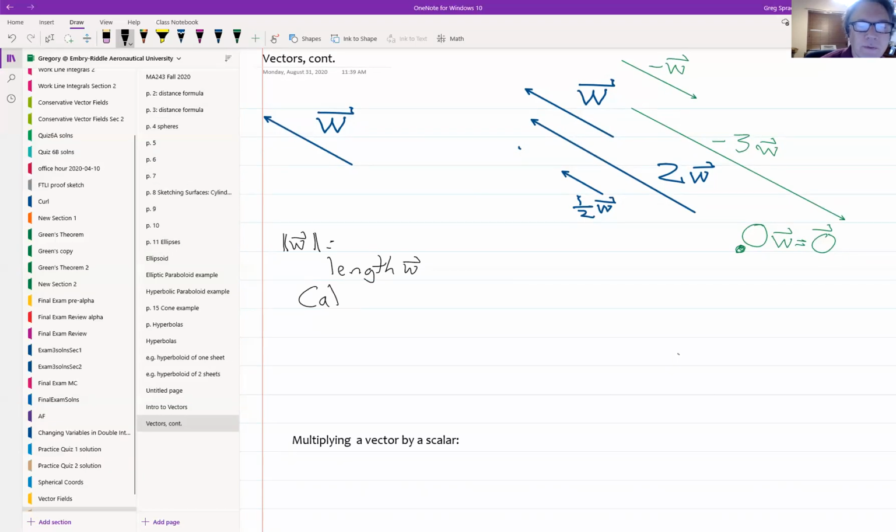Now the length of a vector is always non-negative. Okay, so any vector has non-negative length, just like the length of any object is non-negative in everyday life. And the only vector with 0 length is the 0 vector.